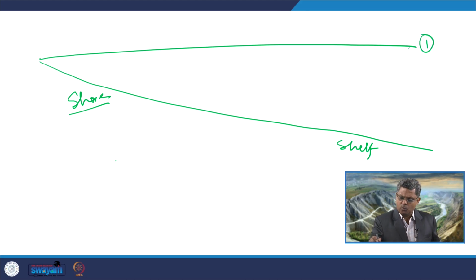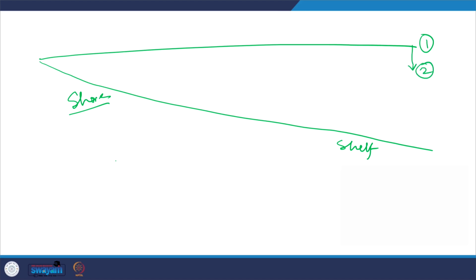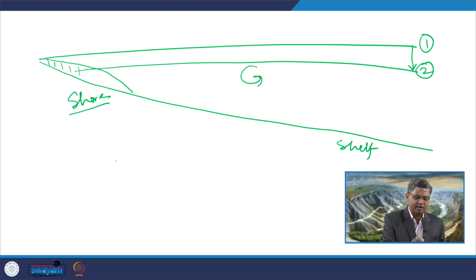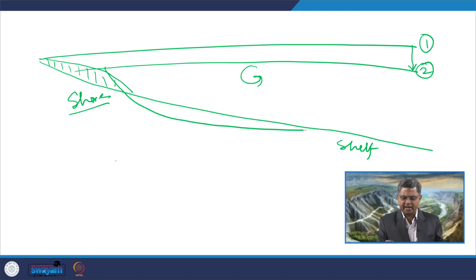From level 1, the base level is coming down to level 2 through successive phases. Due to this phase of base level fall, the wave equilibrium profile will be positioned something like this. If this is the amount of sediments accumulating, the wave equilibrium profile may be something like this.